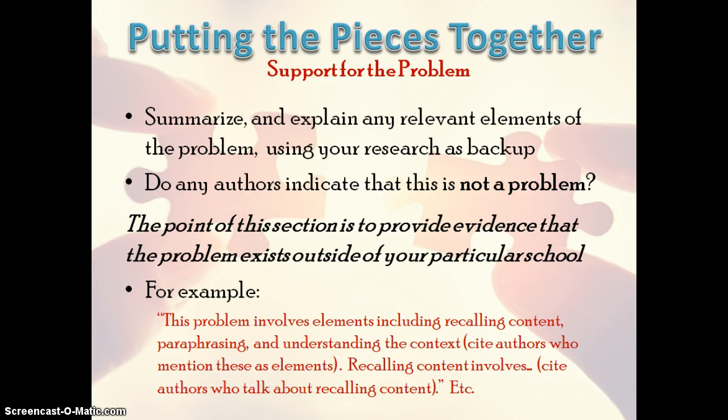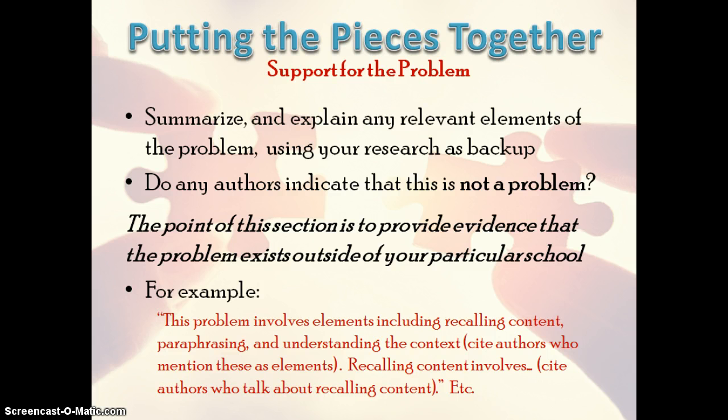So again, the point of this section is to provide that evidence that there is a problem. And in this case, I've provided a bit of an example to show you how you might phrase this. So this problem involves elements including recalling content, paraphrasing, and understanding the context. So in this case, I've indicated what the elements of the problem are, and then I'm going to cite authors who mention those elements to provide the support that I need.